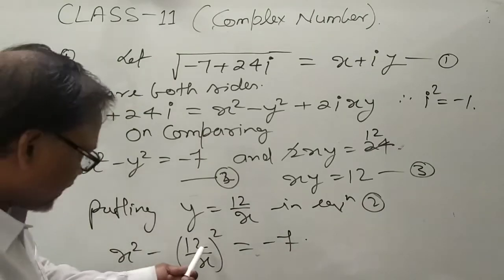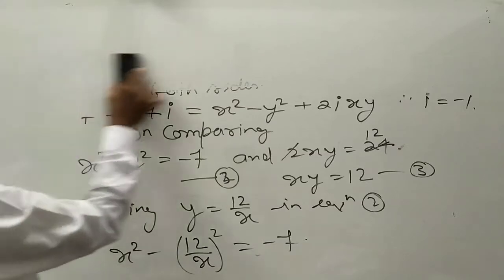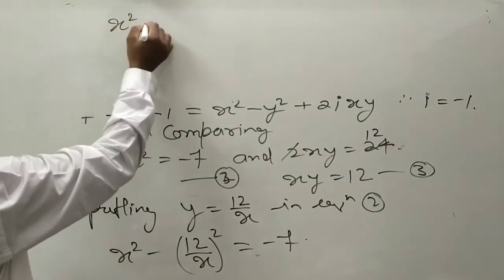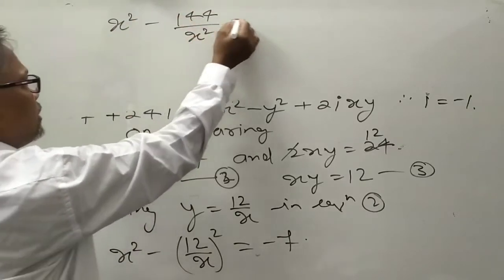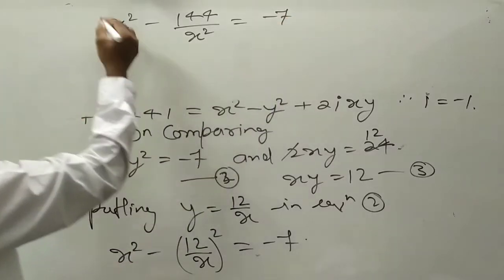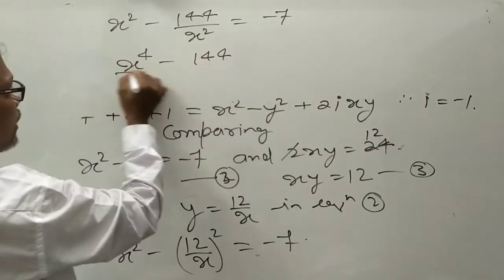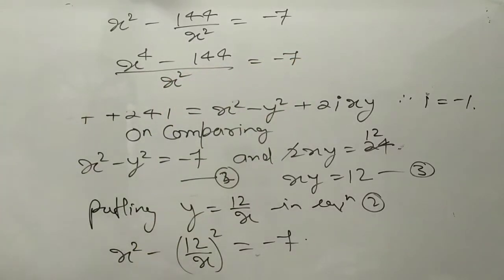Now first take the square and after that take LCM. So x square minus 144 by x square is equal to minus 7. Take LCM. It will be x square is equal to minus 7 and then multiply.